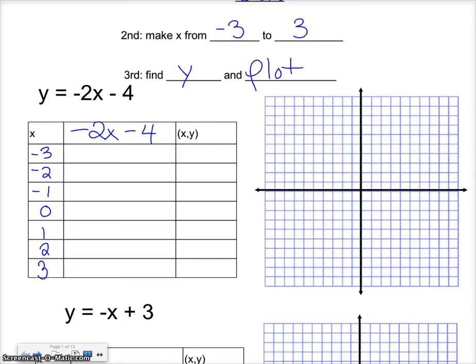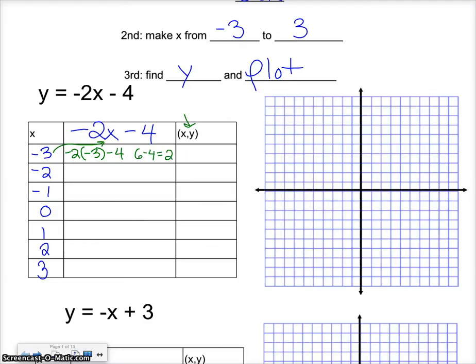Okay, so when x is -3, we need to find out what our y is, because remember, every point has an x and a y. So my -3 goes right where the x is. This is -2 times -3 minus 4. -2 times -3 is +6, minus 4, which is 2.